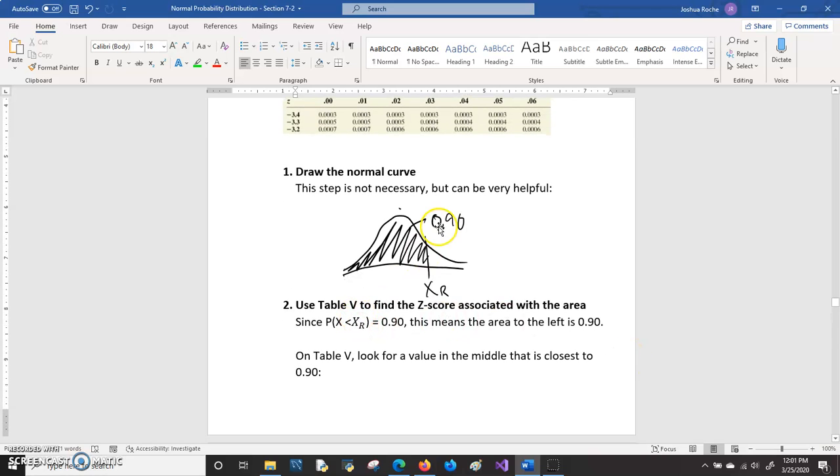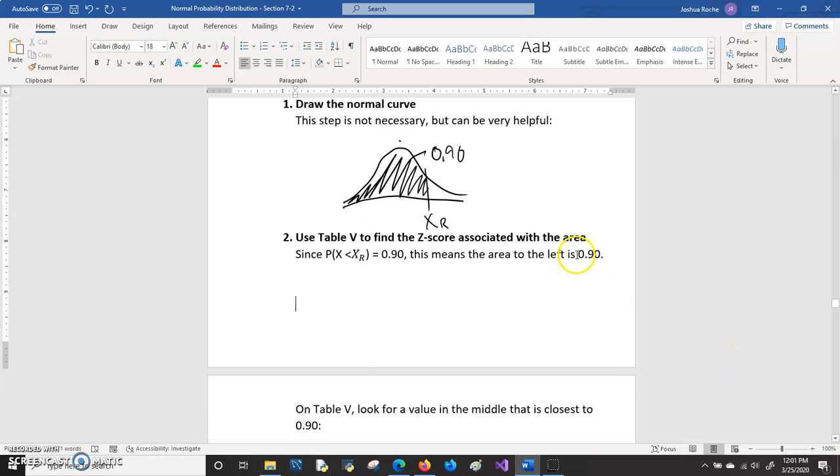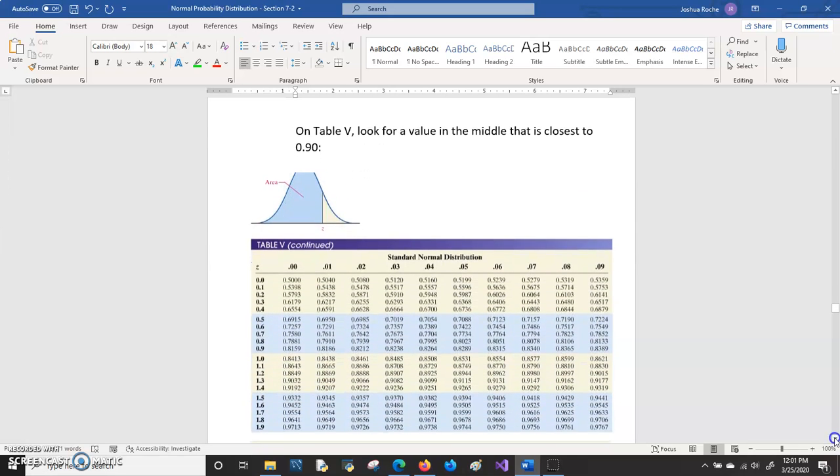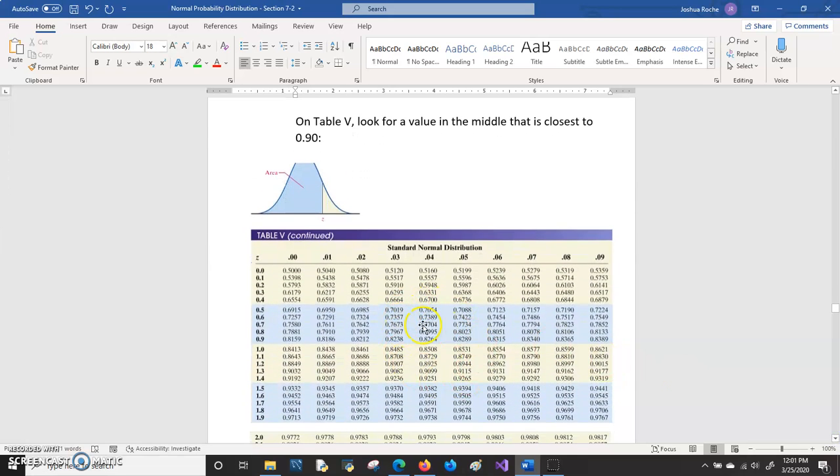Since we know that this represents the probability that x is less than this reading speed XR, and it's 0.90, that means that we can go to table 5 and look for a value of 0.90. And to look for it, we'll look in the middle, because that 0.90 represents an area, and ultimately what you'll need is the z-score. So in the middle, we'll look for the value that's closest to 0.90.